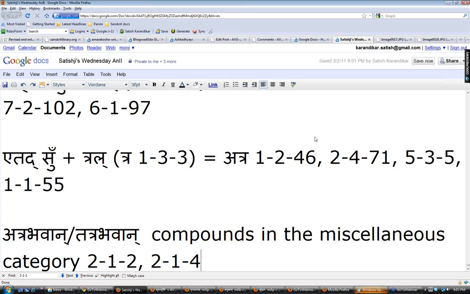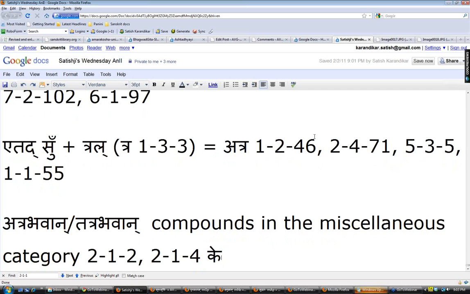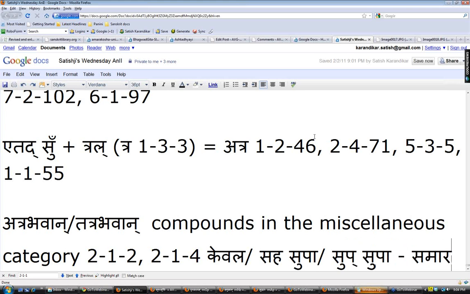Compound is only with Subantam with Subantam, almost always. So under 2-1-2, 2-1-4, we can call it Kevala, atha some people call it Sahasupa, some people call it Supsupa, sup with another sup. These are the names used, and this is the kind of Samasa we have. Okay, let's stop with that.